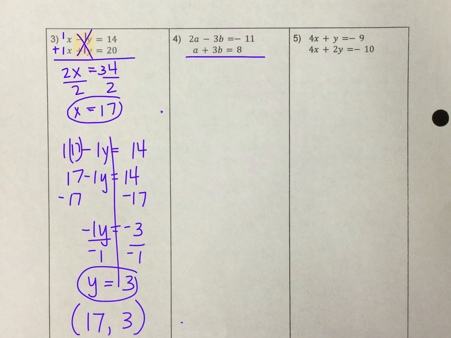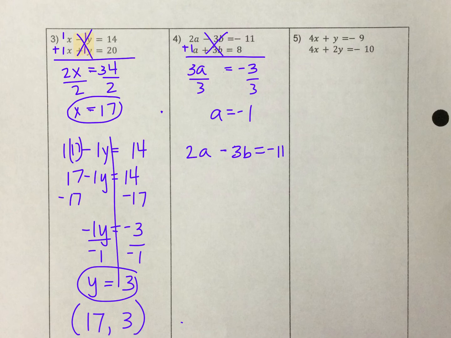Let's look at number 4. Well, I can already see that these 3's are going to mark each other out. -3, +3 becomes 0. So 2 plus 1 is 3a equals -11 plus 8 is a -3. Divide by 3. A is -1. Rewrite the first problem. 2a minus 3b equals -11.